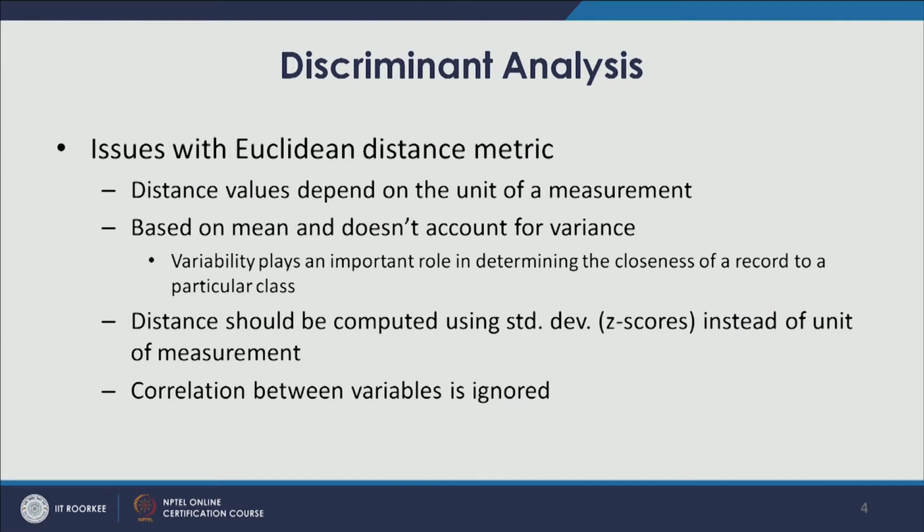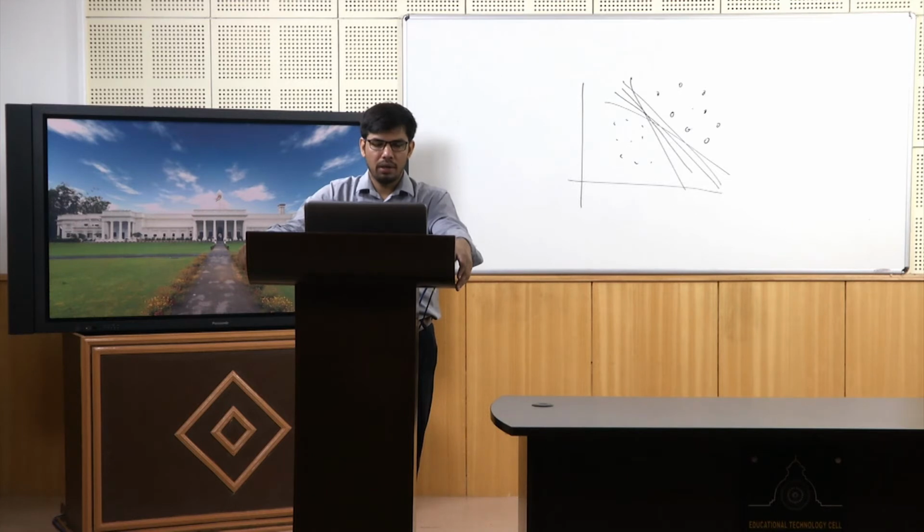The second one is that it is based on the mean and doesn't account for variance. If we look at the Euclidean distance metric that we just saw, we are trying to compute the distance of a particular record from the centroid of each of the classes.